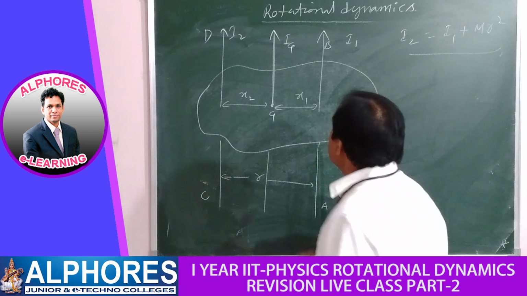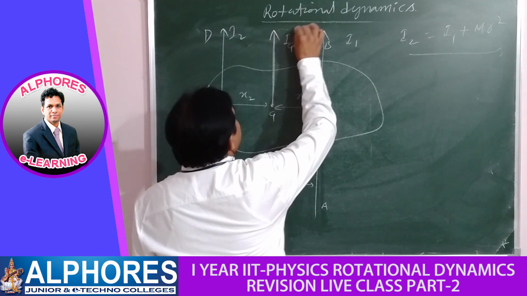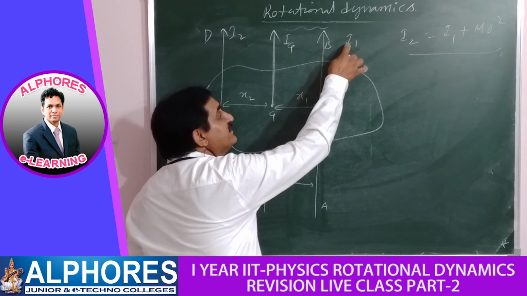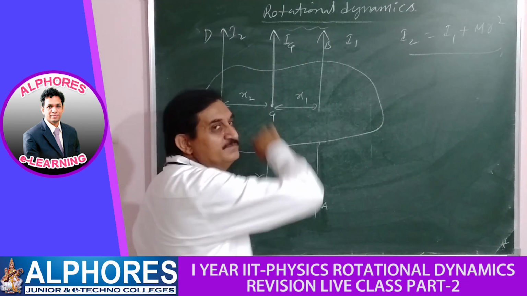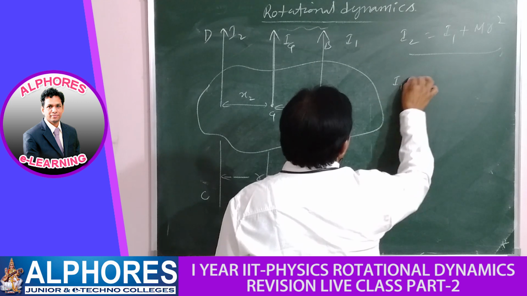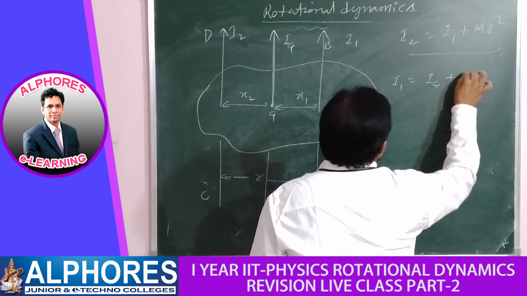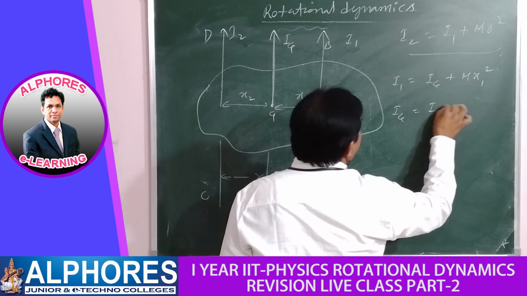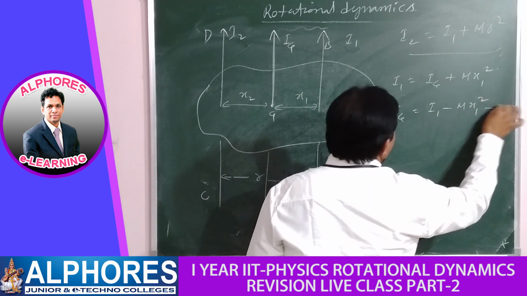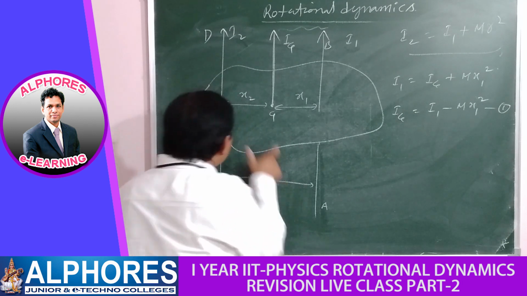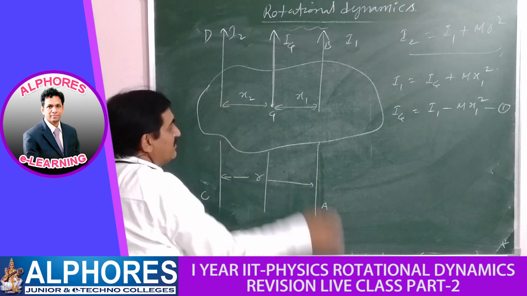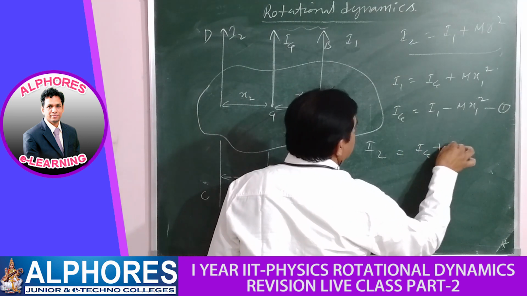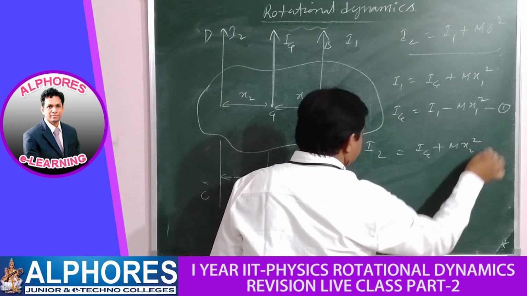Now, here first we apply the parallel axis theorem between these two. Why? Because it is a known value. By using this known value, we can estimate Ig. Yes, I1 is equal to Ig plus m x1 square. Ig is equal to I1 minus m x1 square, equation 1. And go for these two parallel axes: I2 is equal to Ig plus m x2 square.